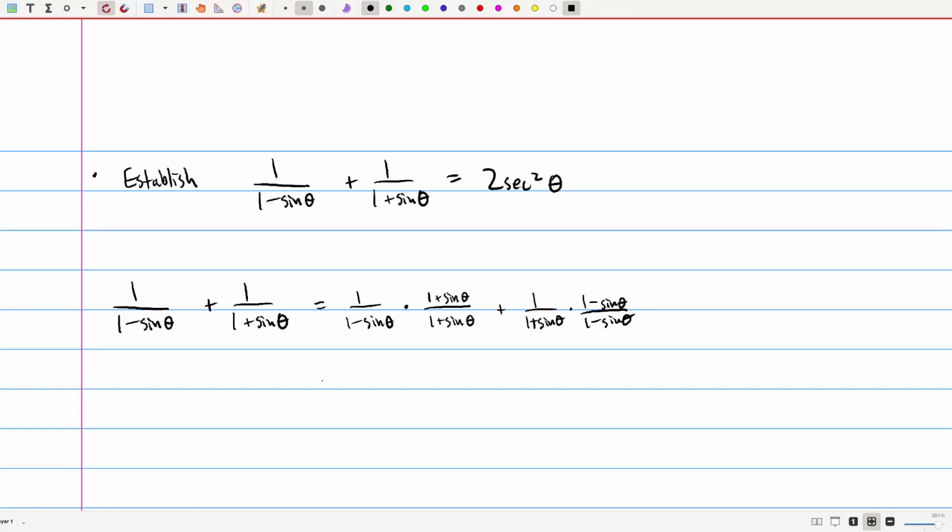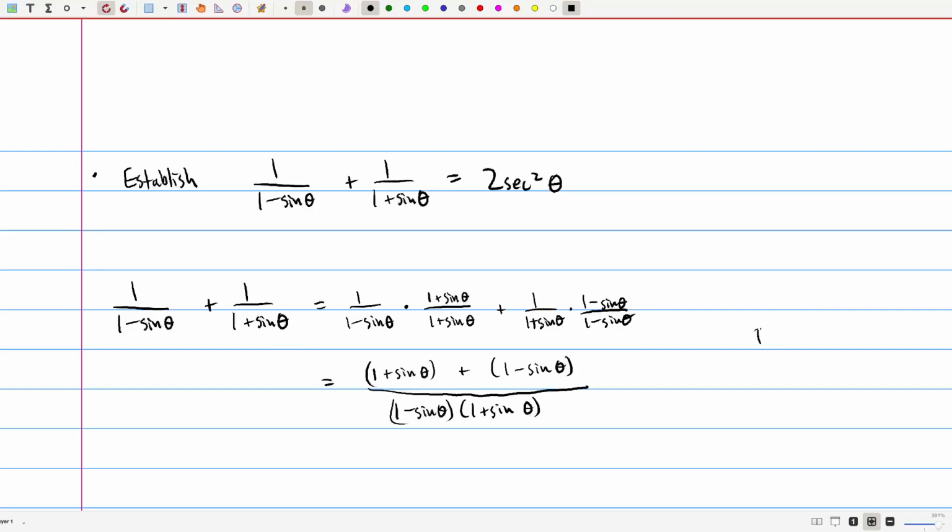So then that gives me a common denominator of this whole quantity down there. And I have 1 plus sine theta plus 1 minus sine theta on top, with 1 minus sine theta times 1 plus sine theta in the denominator.